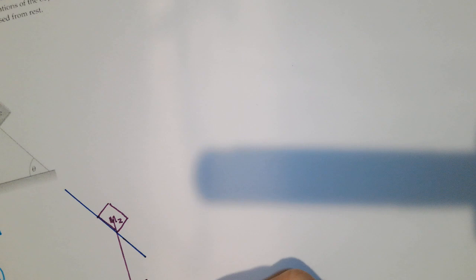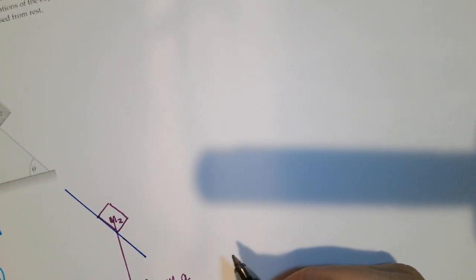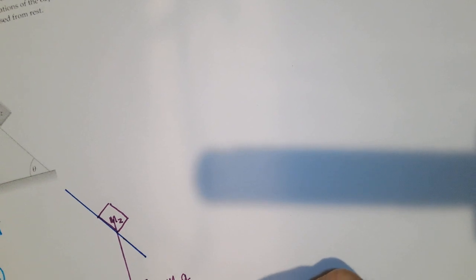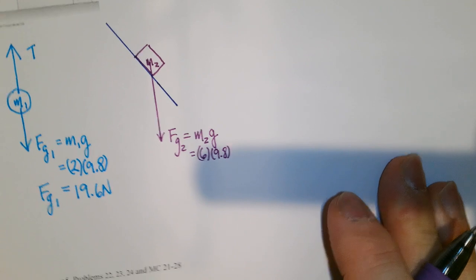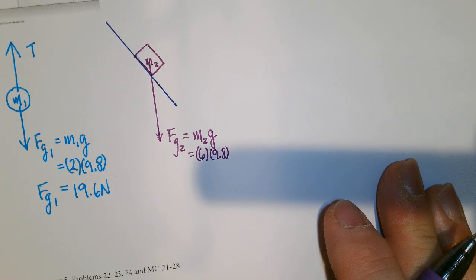That's my FG2, which is equal to M2G, and that is 6 times 9.8.